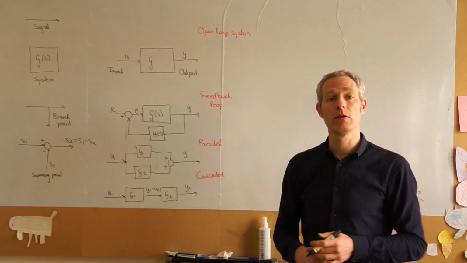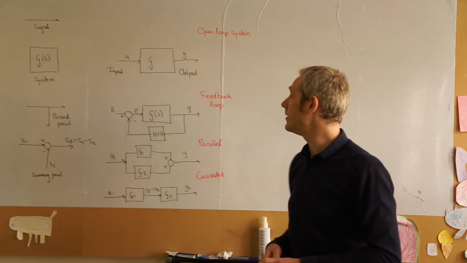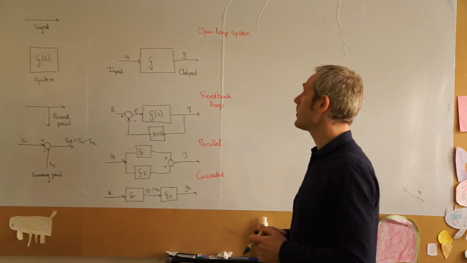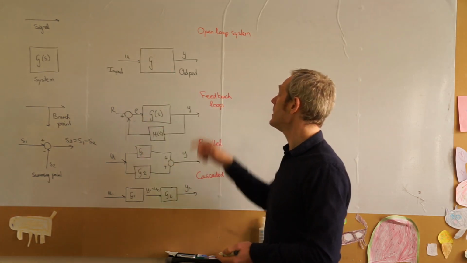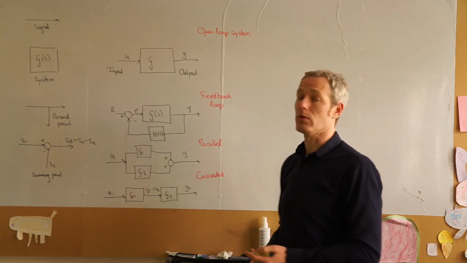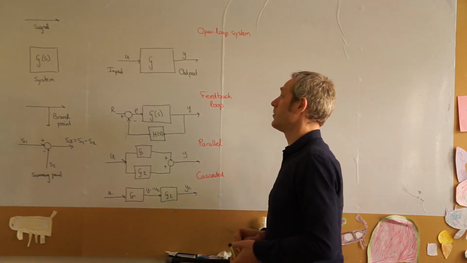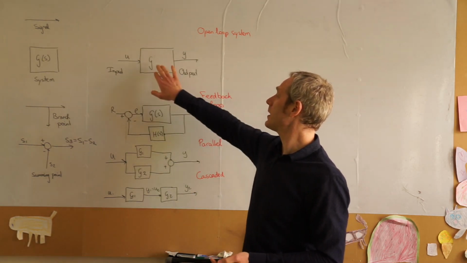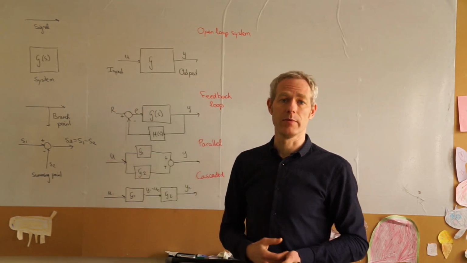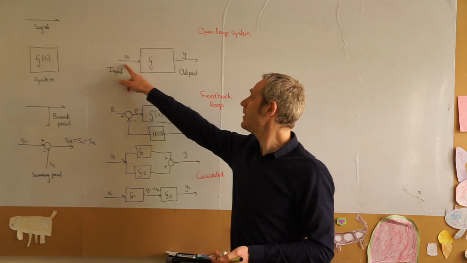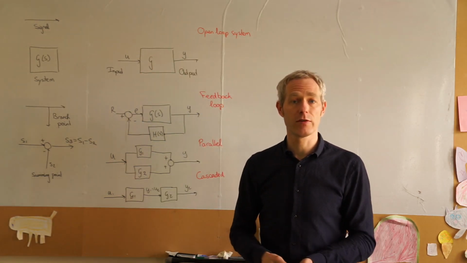This is an open loop system. It means that there are no loops, like in the next example, where we have an input. I've called the input U, I've called the system G, and I've called the output Y. Of course, different letters can apply to different situations, but one of the things I'd like to emphasize is that if we do this in the time domain, finding the relation between the input and the output can be extremely difficult.